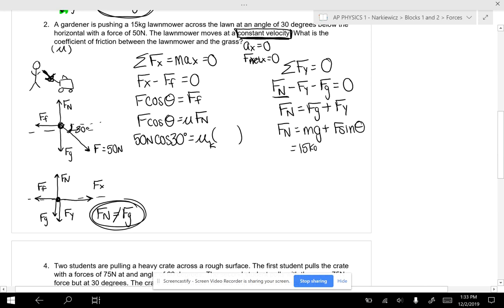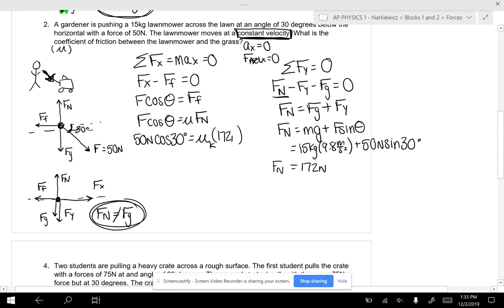So it's 15 kilograms, 9.8, plus 50 newtons times the sine of 30. Just give me a second to do the math on that. So we have a normal force of 172 newtons.